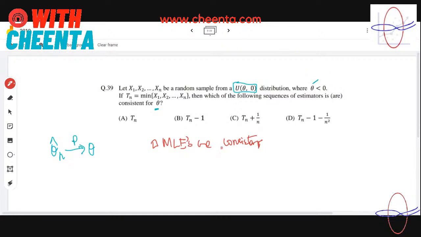So you can use that. Also, if theta n goes to theta in probability and g is a continuous function, then g of theta n goes to g of theta. G is bounded continuous, not bounded. Okay, I mean g is continuous. I'm so sorry.